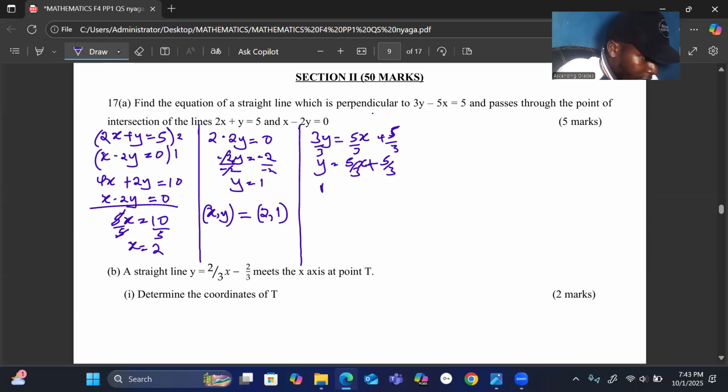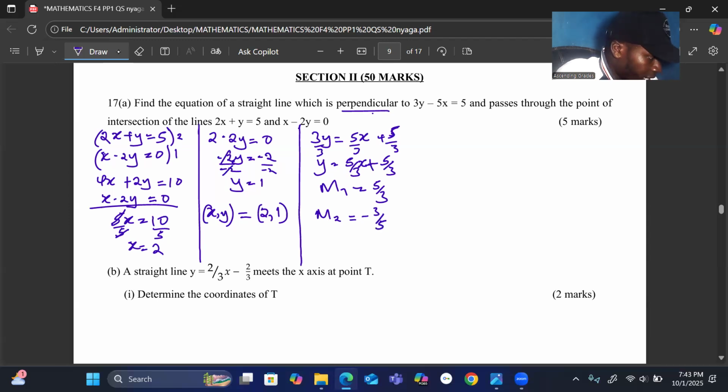So our m1, gradient 1, is equal to 5 over 3. Now, perpendicular line, that means our m2 will be the negative reciprocal of m1. That negative reciprocal is negative 3 over 5.